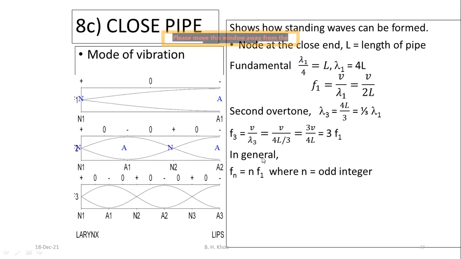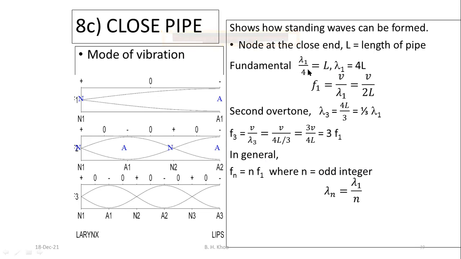F n equals n F1, where n is odd. That's different. Previously it was all whole numbers. Now for the closed tube, we want the odd ones. I think your book does it slightly differently, so your choice which one you want to use.